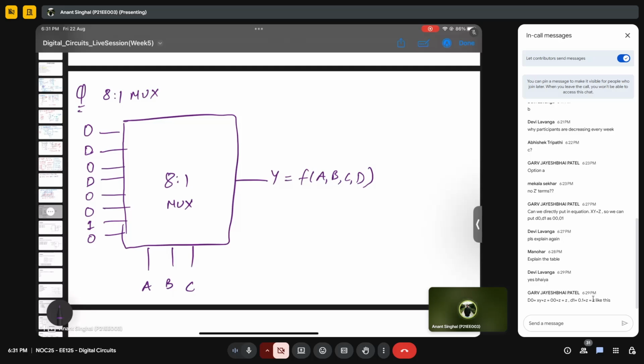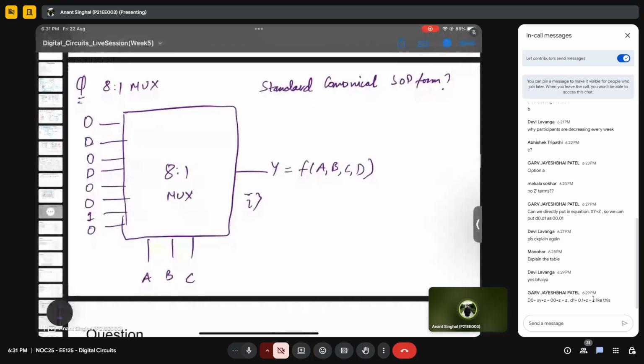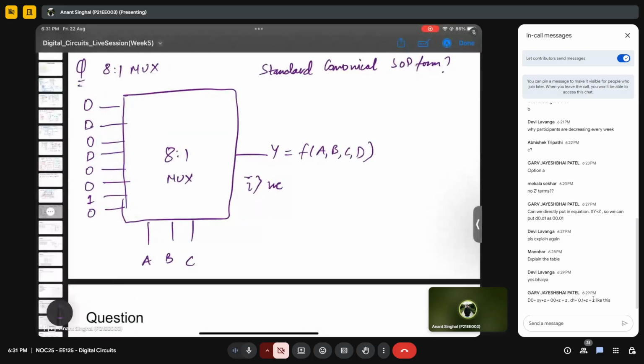You need to find the standard canonical SOP form. Let me quickly give the options. This is again straightforward, so don't overthink, just try to do that.